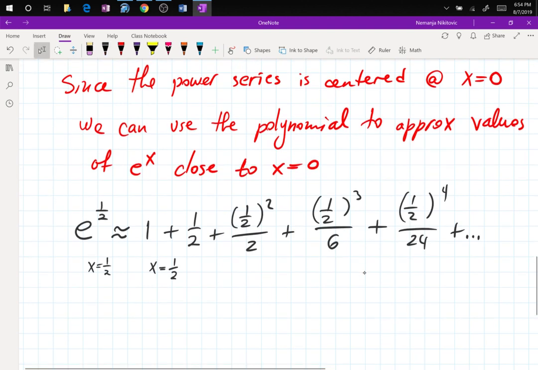This is how you compute things when you're on a desert island and the cell phone battery is dead. You didn't pack your TI-83 because you didn't think you were going to need it, right? And e to the 1/2 comes up because you are building something on that island. You can compute to any precision you want by adding extra terms, right?